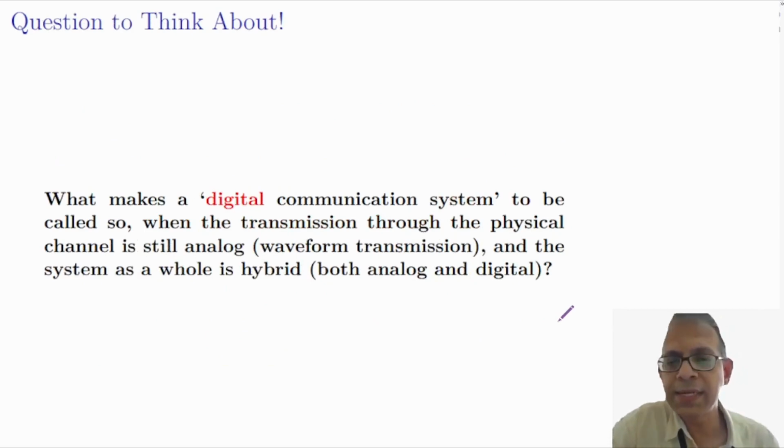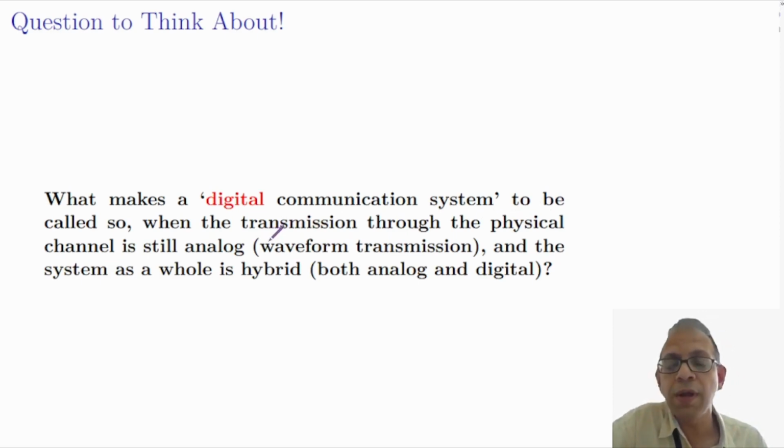Having studied the block diagram of a digital communication system, we now understand that a digital communication system in fact involves digital as well as analog signals. Then there comes a very important question to think about. What makes a digital communication system to be called so?